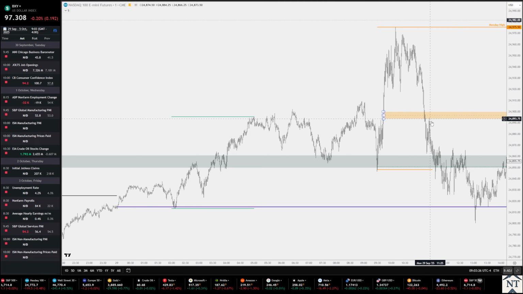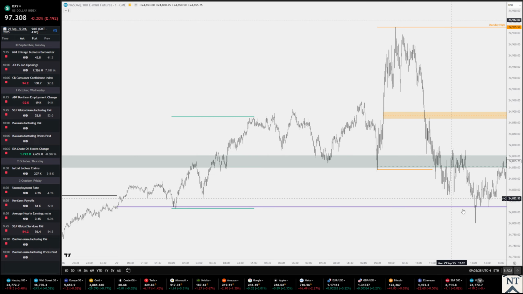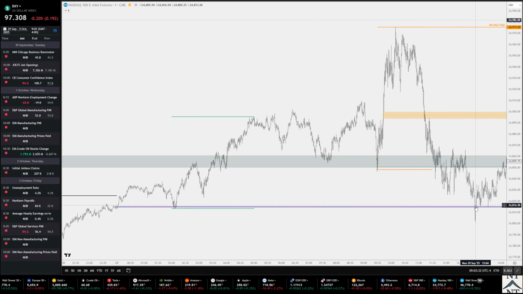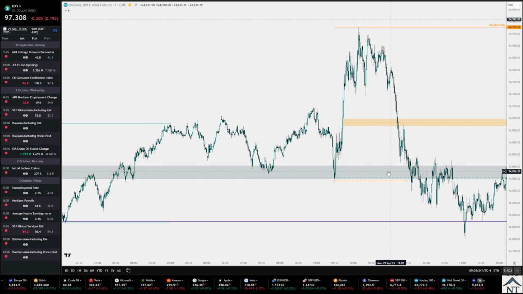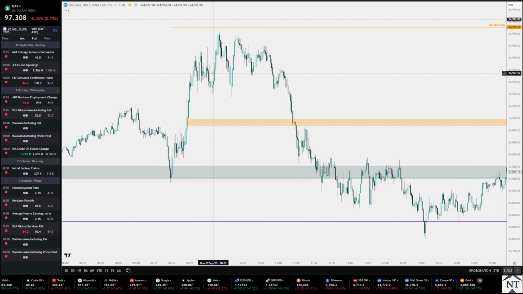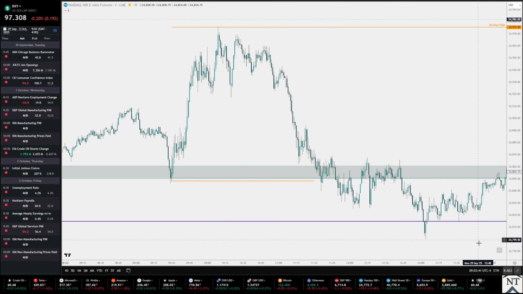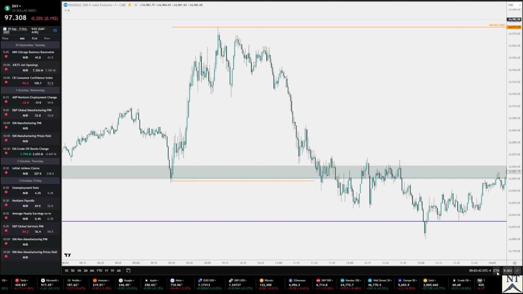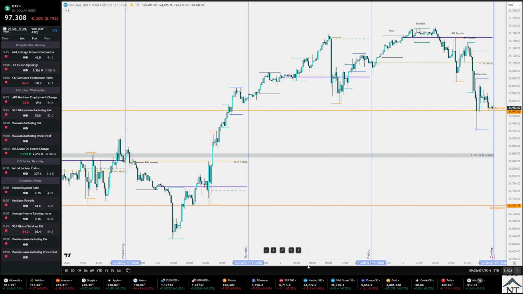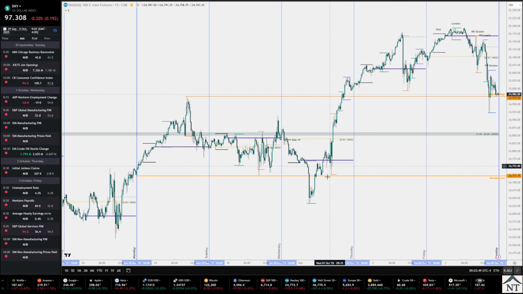You can see here, from here to here. This is the zone, the area where I took my short. Of course, I didn't short from here to here exactly, but that was the idea. Let's remove this and go back to the weekly price action that we have here.